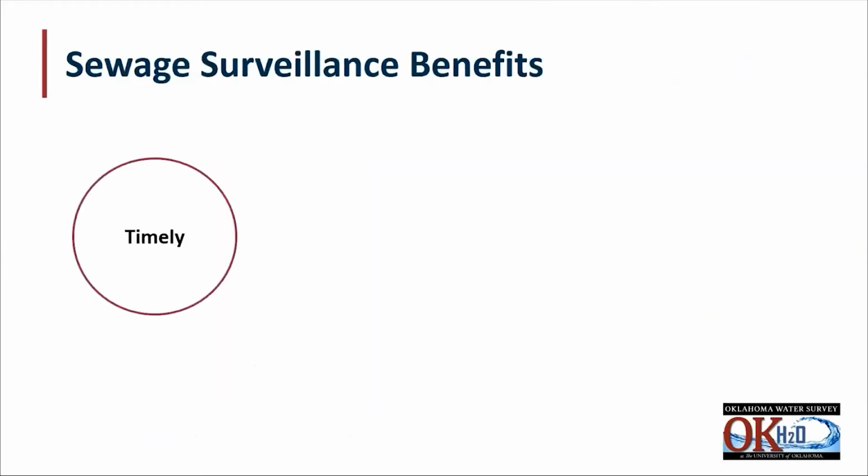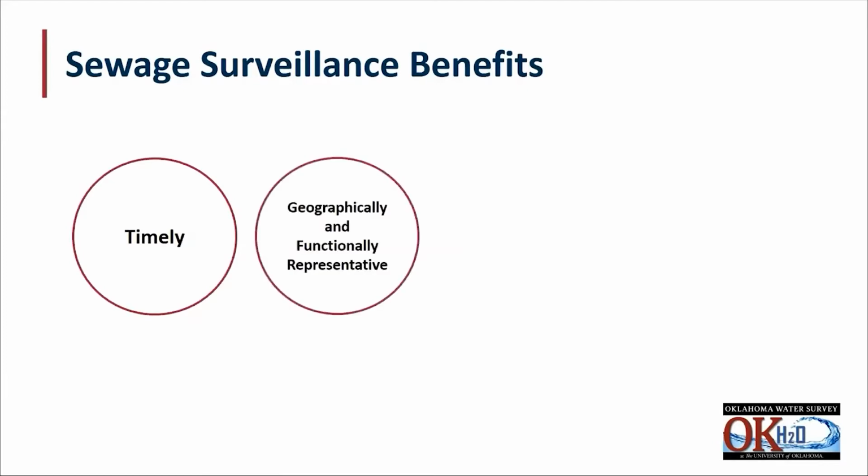So what are some of the benefits of sewage surveillance? One is timely. So we can collect a sample. We collect that sample, as Rich mentioned, generally over a 24-hour period, bring it into the lab, and depending on the analytical method, we can have those results in a day or a day and a half or 2 days, and have it back out to the public health officials so that they have a snapshot in time of what's happening in the population.